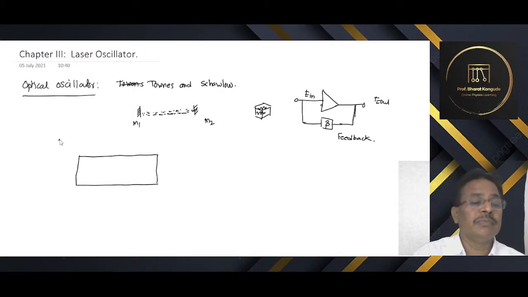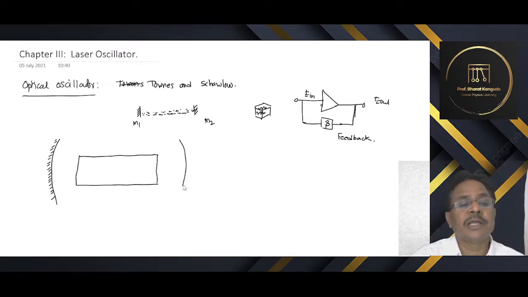From that medium we have one mirror, a concave mirror, at one side, and a second mirror at the other side. This is M1 and this is M2, mirror 1 and mirror 2.